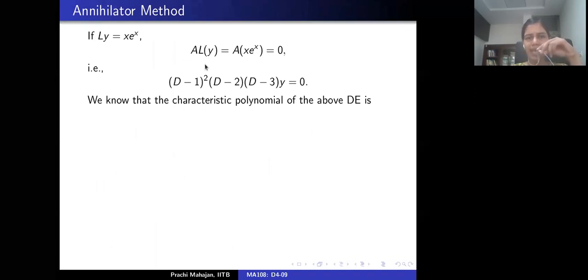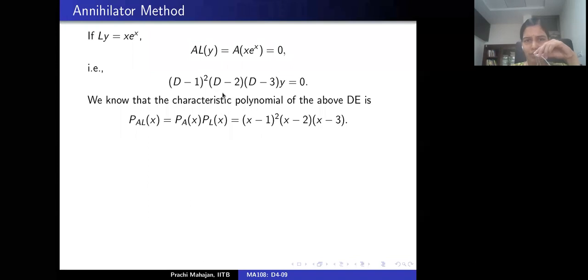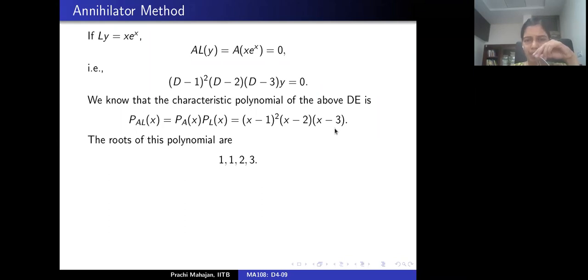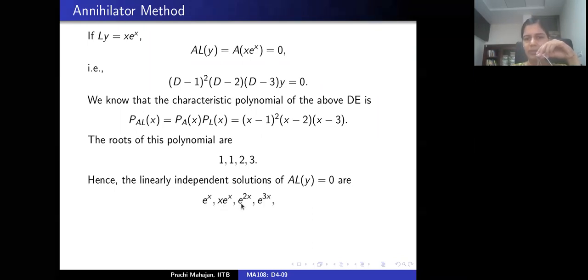The operator AL in this example is given as (D minus 1) squared, (D minus 2), (D minus 3). And the characteristic polynomial, readable from here, is (x minus 1) squared, (x minus 2), (x minus 3). The roots are 1 with multiplicity 2, 2 and 3. And you can write down linearly independent solutions: e to the power x, x e to the power x, exponential 2x and exponential 3x.